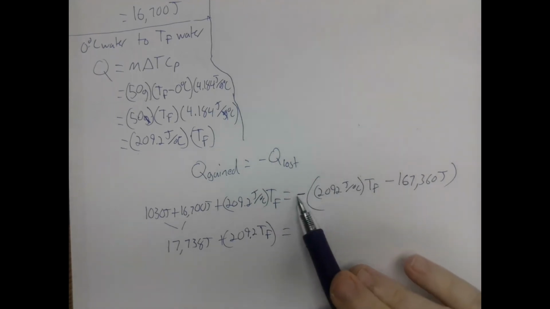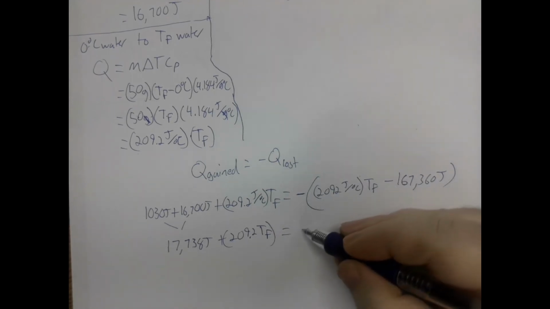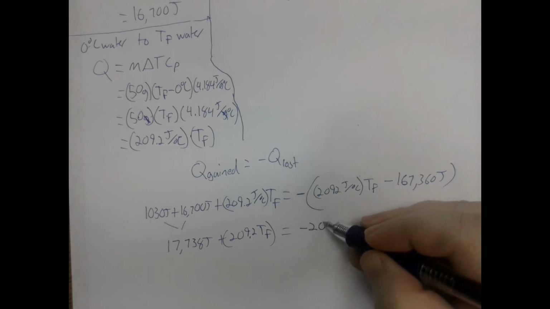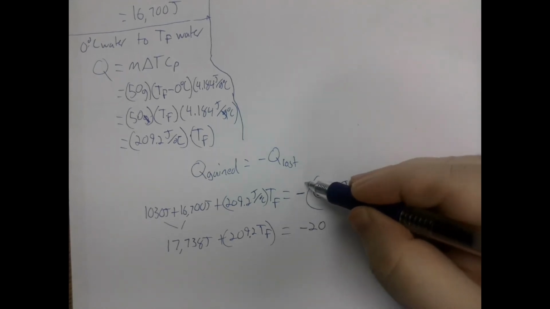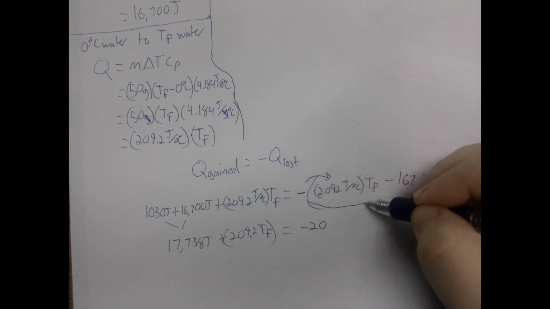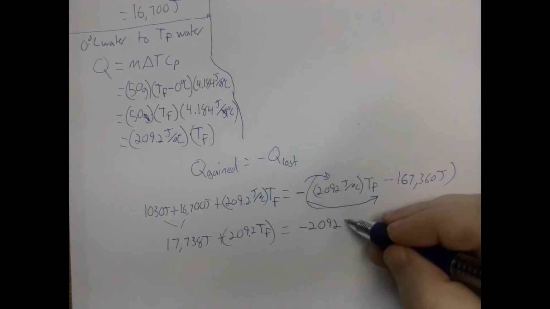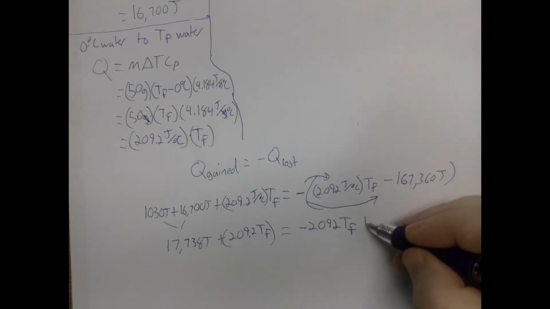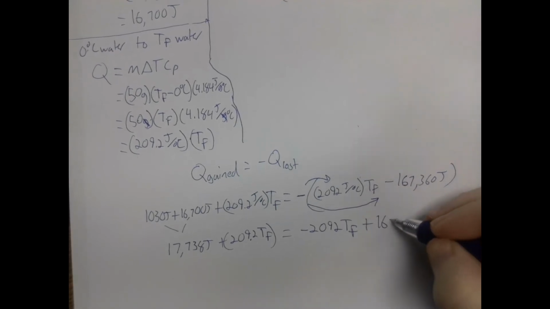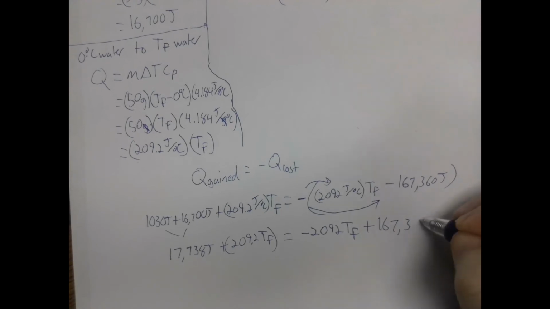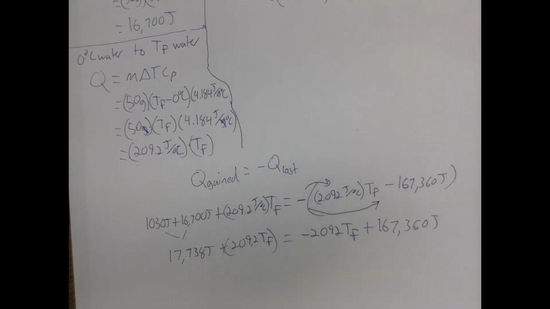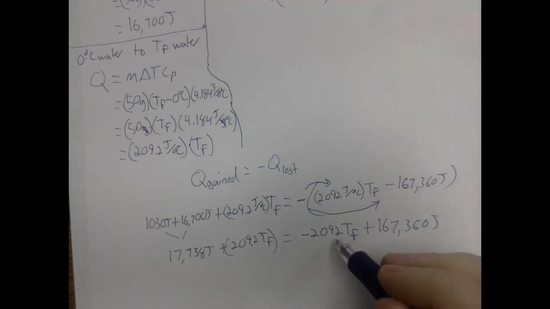The negative, we can distribute in, so this negative will distribute to here and to here. Now we combine TF.